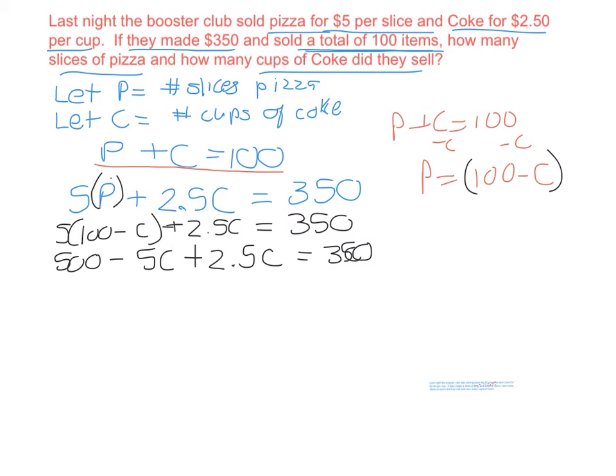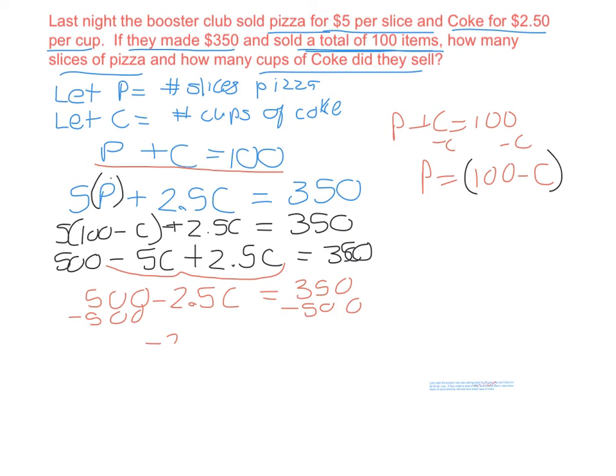Then I'm going to combine my like terms. Negative 5C plus 2.5C gives me a negative 2.5C. And I've got 500 minus that equals 350. I'm going to subtract 500 from both sides, and I get negative 2.5C equals 500 minus 350, which is a negative 150.